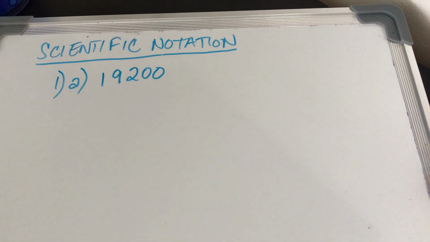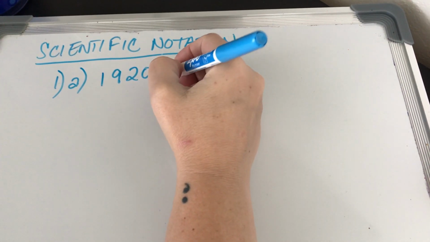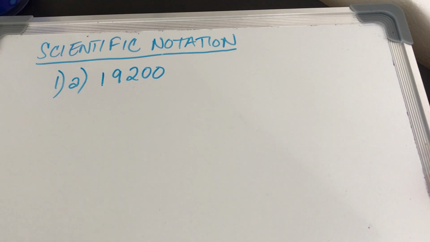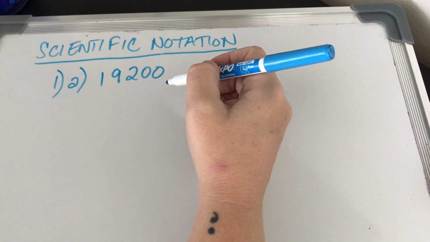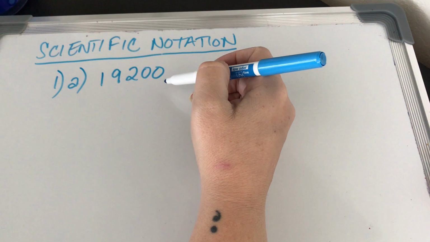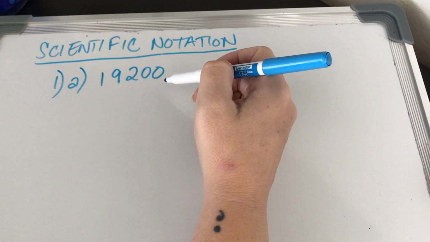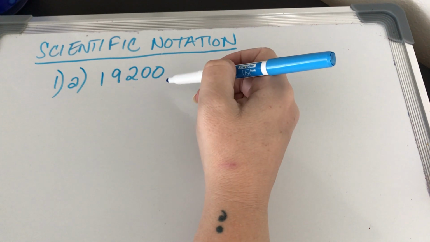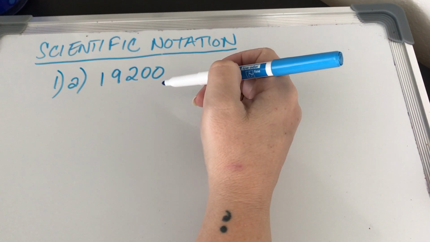Okay, so when putting something into scientific notation, I think that the most important thing is to recognize the relative size of your number, right? So is this number a big number or a little number? Big. It's real big, right? So if we have a really big number, then should we have a positive or a negative exponent?